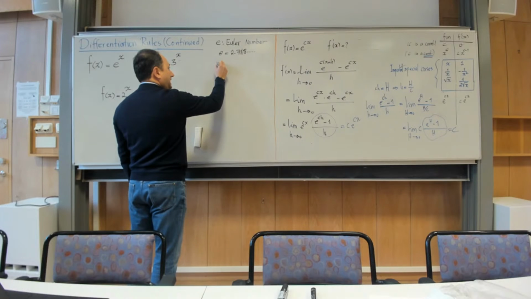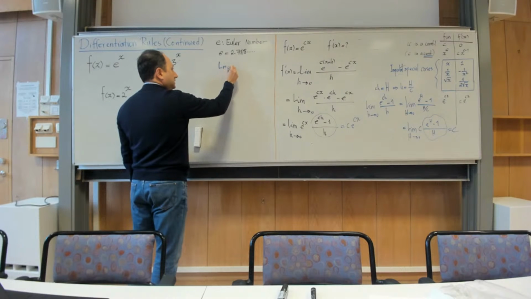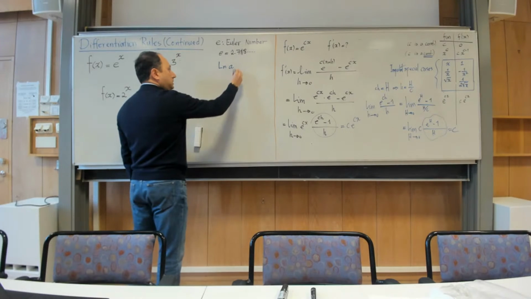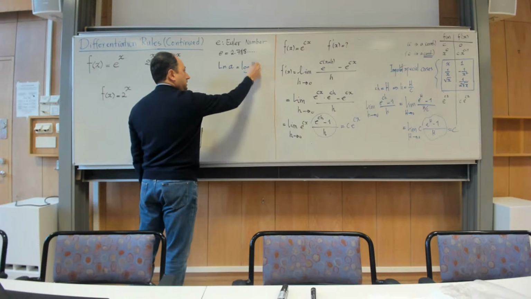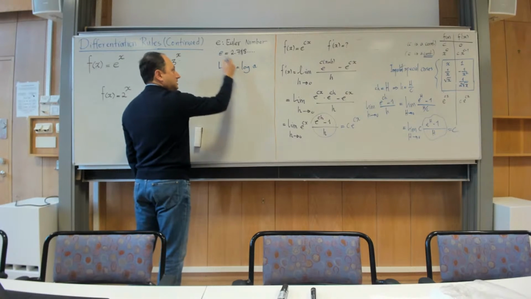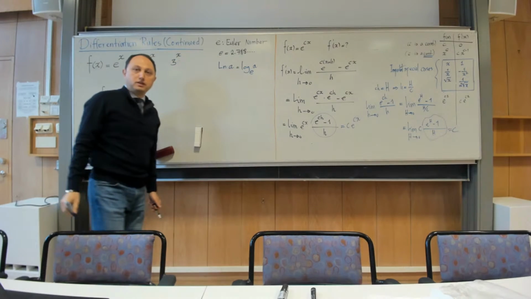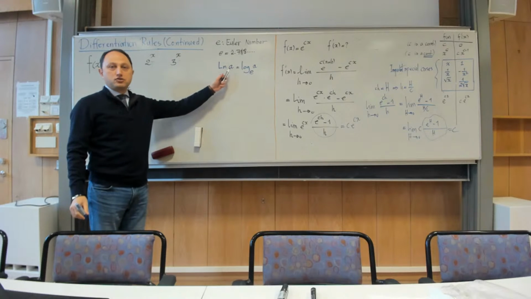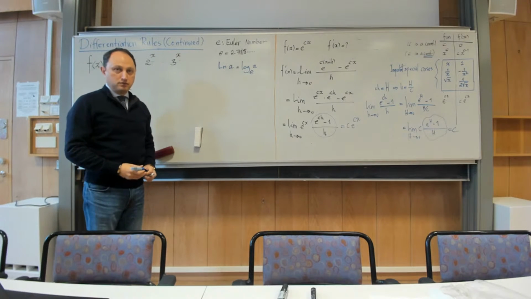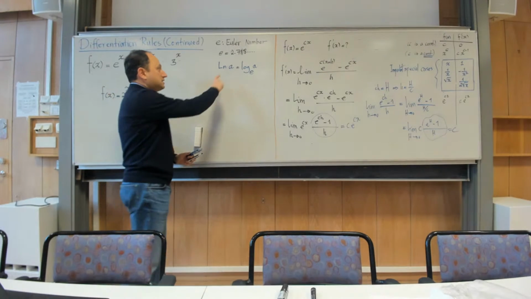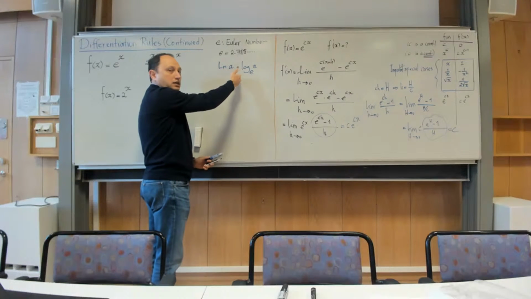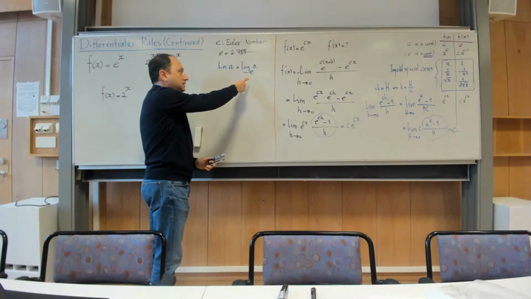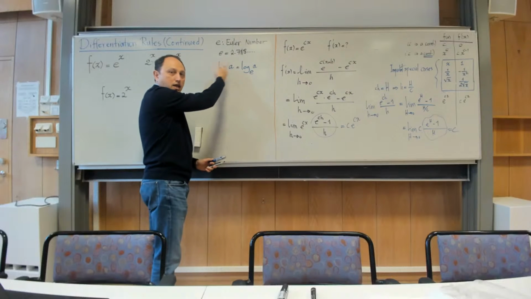When I say ln of a number, I mean the logarithm of that number where the base is chosen to be this special number e. This is called the natural logarithm of a. So ln is indeed a logarithm, so any property that a logarithm enjoys, ln also enjoys.